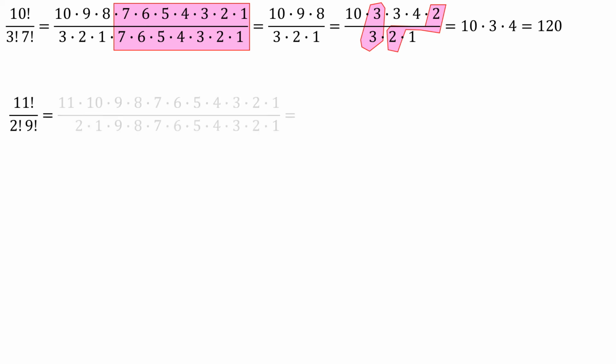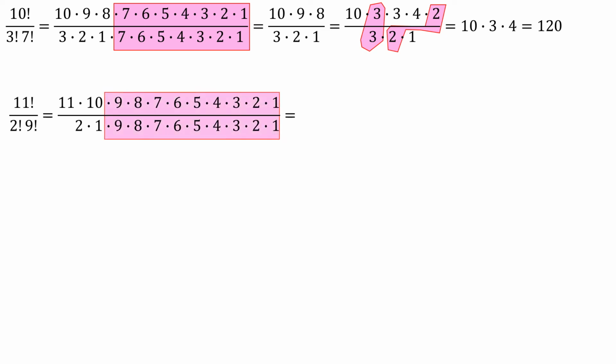So next example, again, I gotta start at 11, go all the way down to 1. 2 factorial will be 2 times 1. 9 factorial will be 9 down to 1. And again, look at what beautifully cancels out. Right, so I don't have to do some huge calculation. I've just got 11 times 10 over 2 times 1.